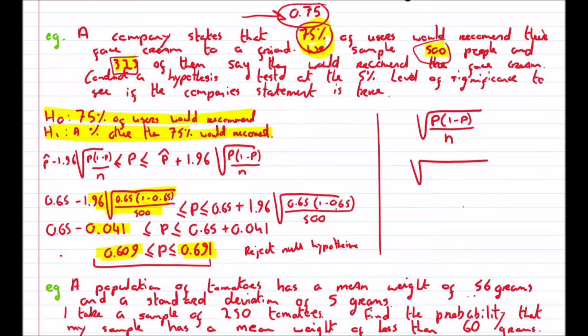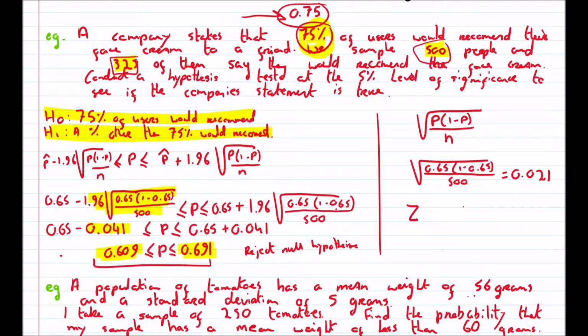I would get the 0.65, 1 minus 0.65 all over the 500, and that would give me 0.021.